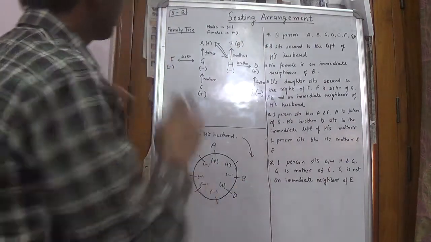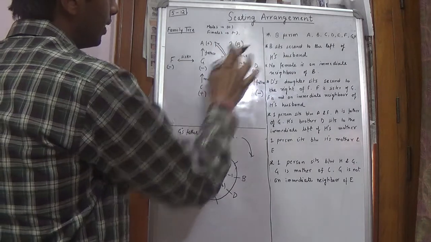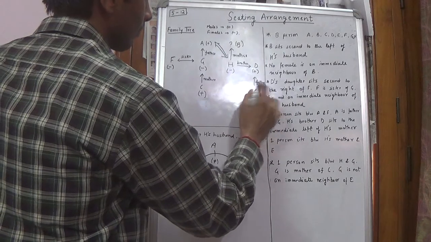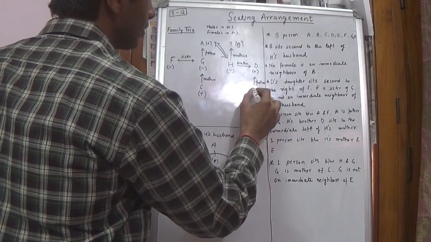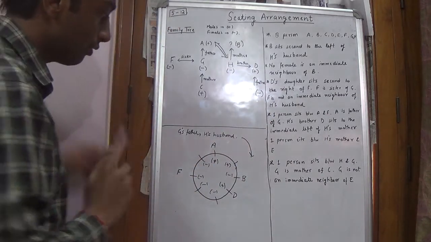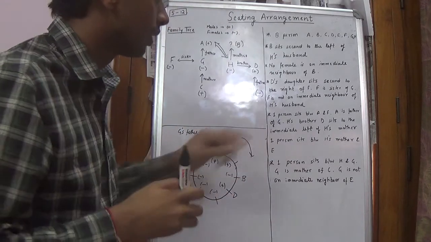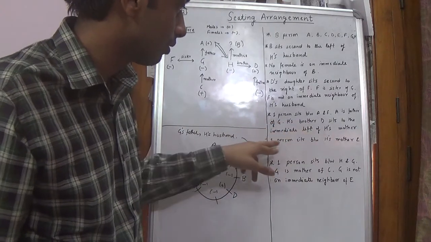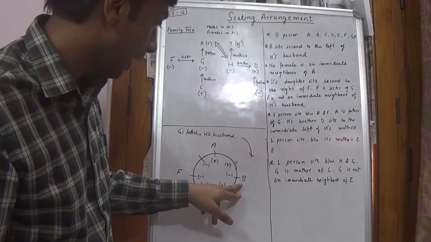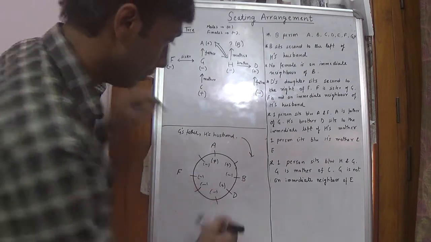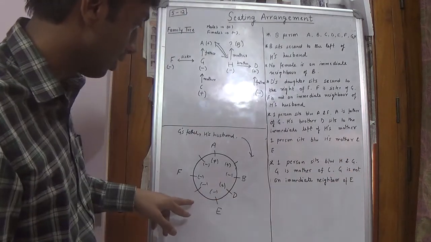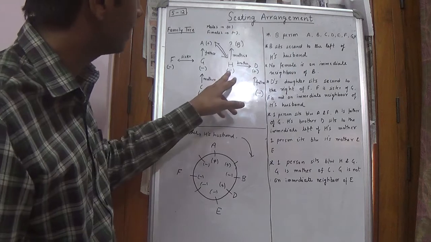So again, we check A, B, C, D, only E is missing. So E comes here as the daughter of D. Now we are sure of 1, 2, 3, 4 positions. One person sits between H's mother, B, and E. So E comes here. One person sits between H and G. H is a female.